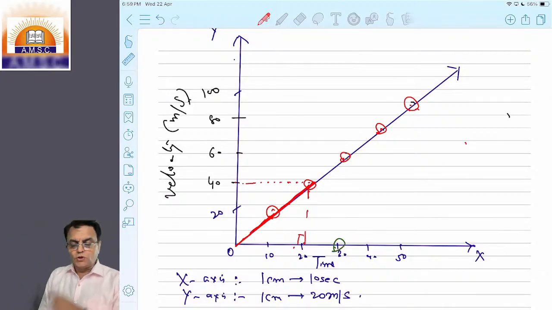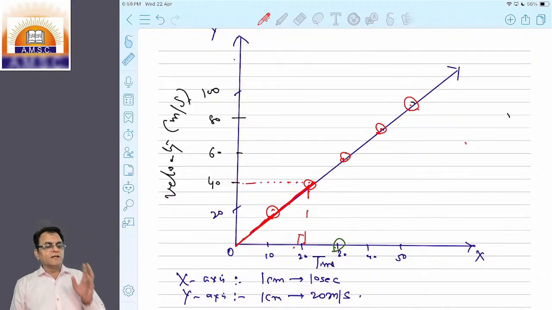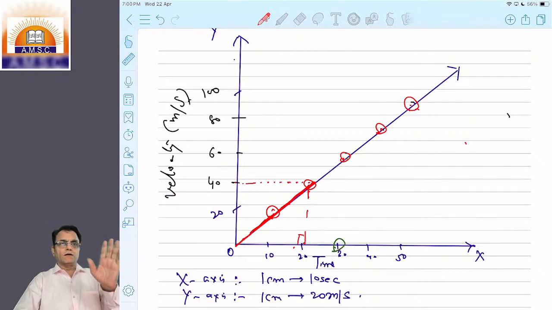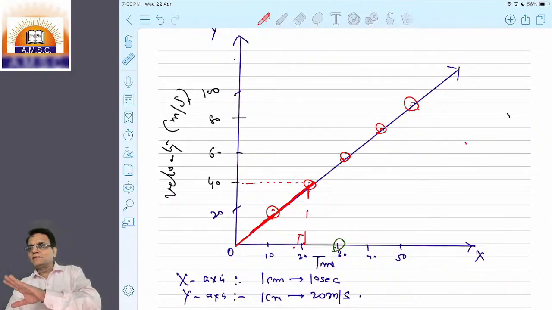So your job is, please listen very, very sincerely, that when I am considering the acceleration at a speed of 40 meter per second, I will just mention that part of the graph as the main graph, and then convert that graph in the form of a right angle triangle.